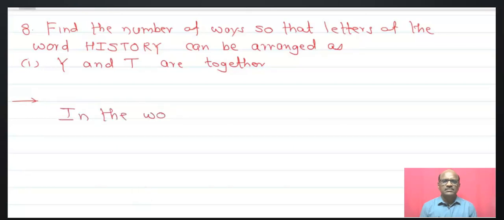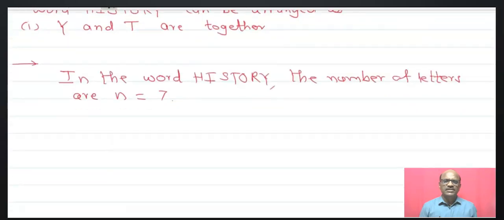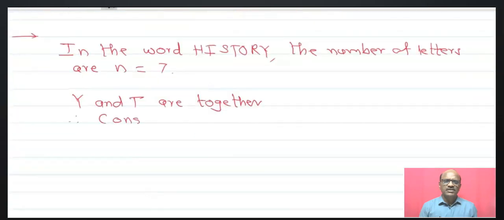See this here. In the word HISTORY, the number of letters is n equals 7, and Y and T are together.